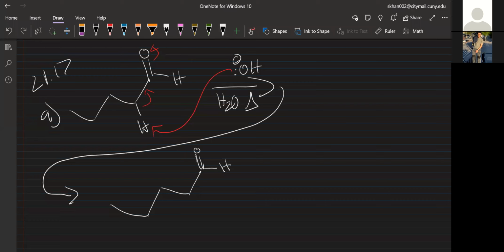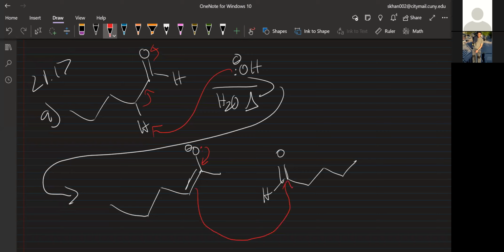Oh, sorry, I meant to draw it in the other form. Right, so we have our enolate. That's a little better. Now it's going to react with itself. So draw this here: 1, 2, 3, 4, and 5. Draw the next set of arrows. Push down, it's going to push up. We are forming a new bond between carbon and carbon.